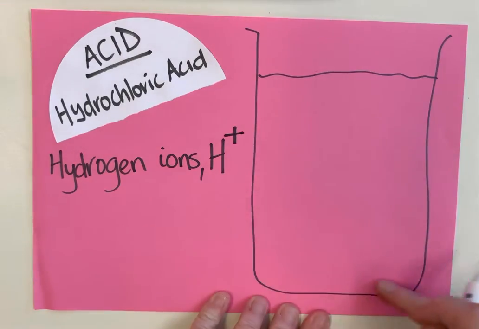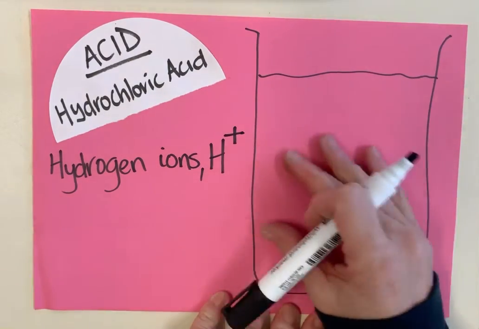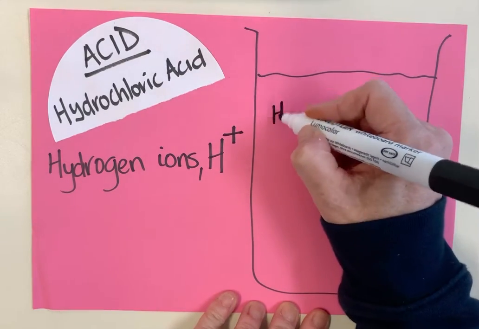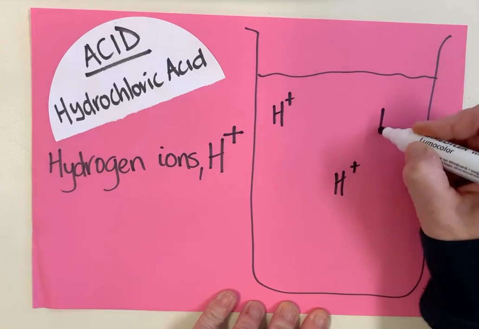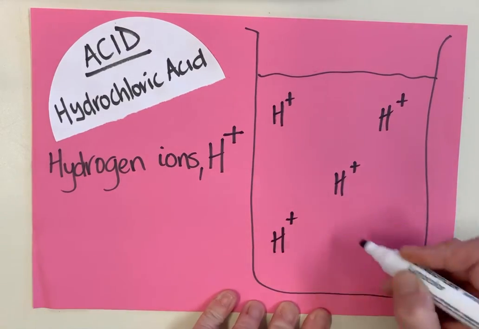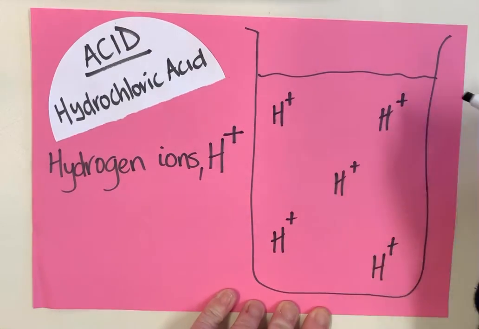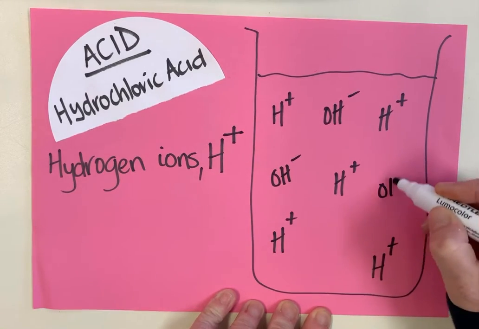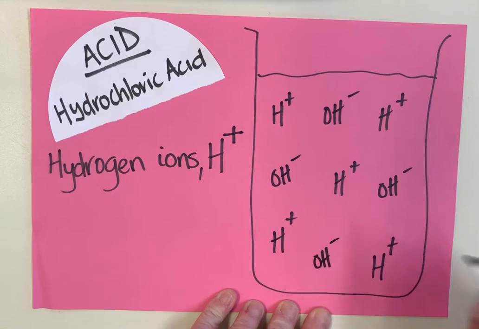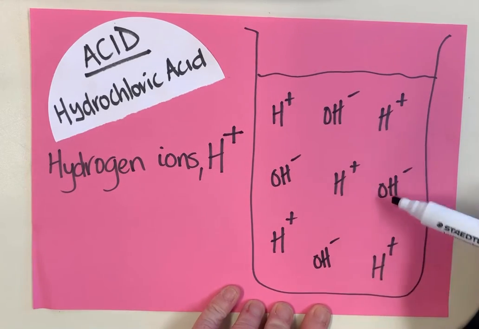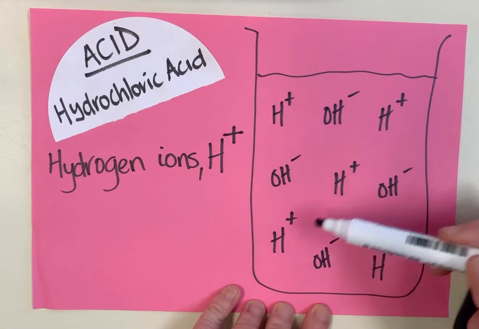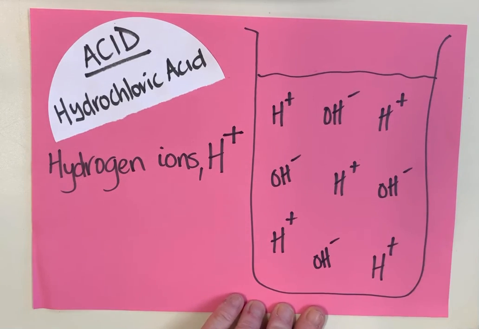Now, what I've got here is a big beaker, and mainly it's water. I'm going to put some hydrogen ions in there, and some OH ions, because there'll always be maybe a few. If you count up, I've got 1, 2, 3, 4 hydroxide ions, and 5 hydrogen ions.